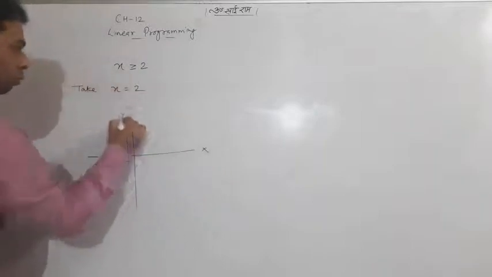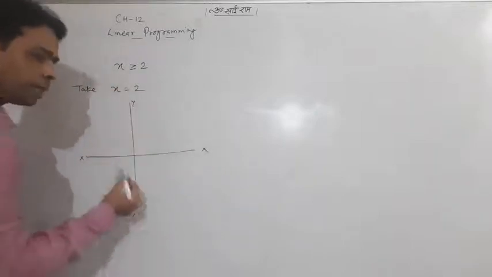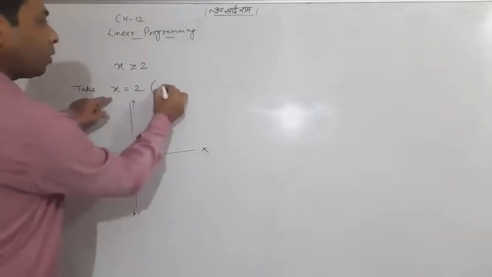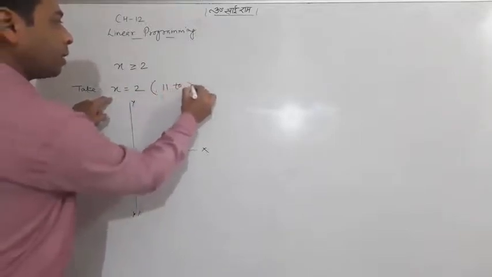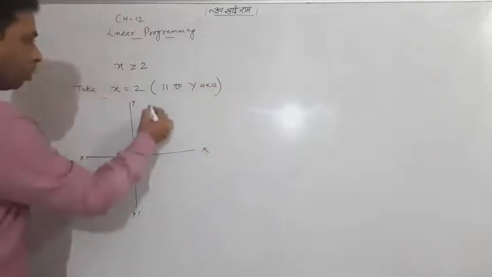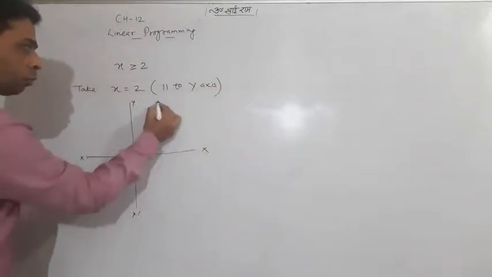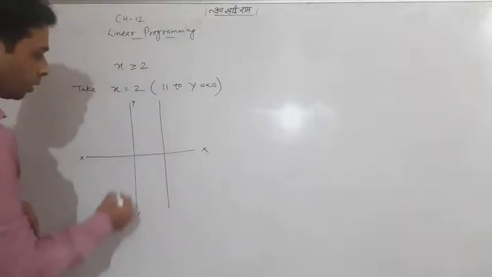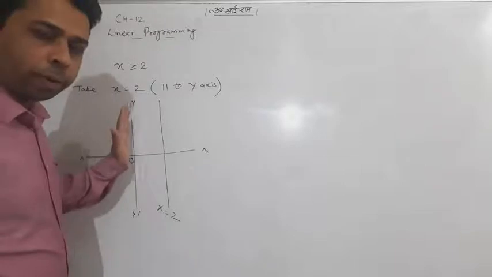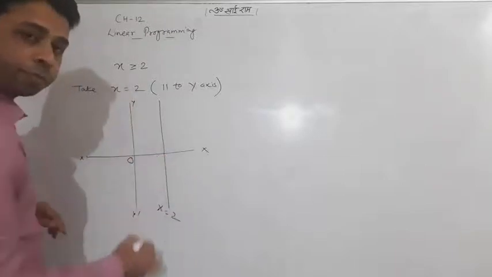In class 11th I taught you all this. X equal to 2, find the nature of the line. It is parallel to the y-axis. So parallel to the y-axis, passing through 2, (1, 2), (2, 2).